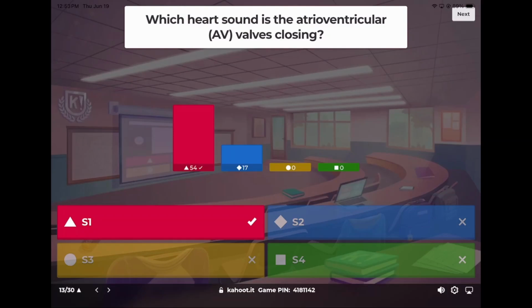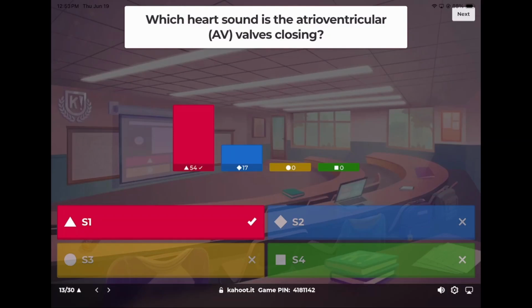What is going to happen at S1? What closes? AV valve. So the mitral valve is going to close in a second. Well, less than that. I'm exaggerating, but you know what I'm saying. So that atrial kick is going to get that last little bit of blood into the ventricle before the mitral valve closes. That's why the S4 is right before S1.